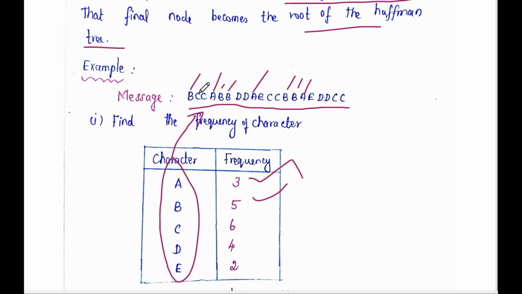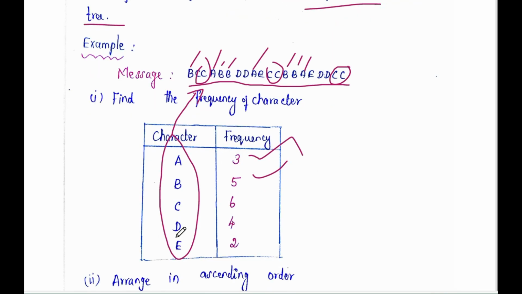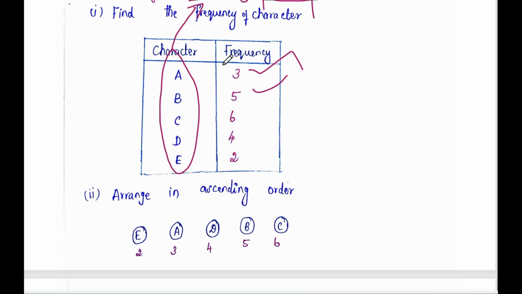Then C: 1, 2, 3, 4, 5, 6, so 6 times. D appears 2 times here and 2 times here, 4 times totally. Finally E: one here and one here, so E appeared 2 times in this message. Likewise, you write each character and its corresponding frequency.